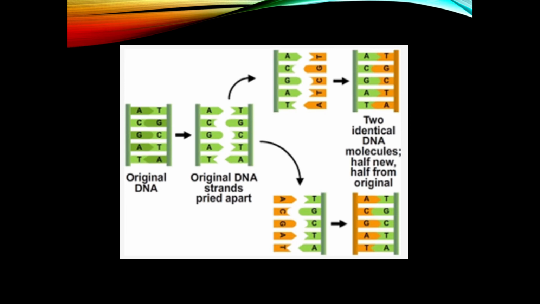But remember, they cannot attach in a different way. Thymine is always going to pair up with adenine, and cytosine is always going to pair up with guanine. It is not possible to get any other combination. Okay? So that is why we end up with two identical DNA molecules, each with one strand from the original form and one new strand.